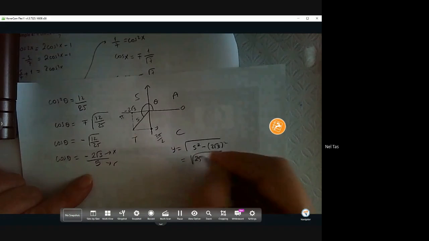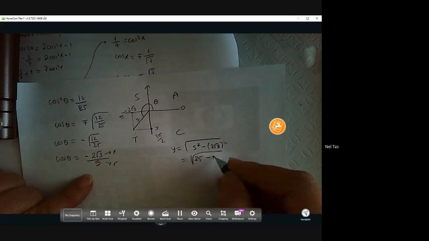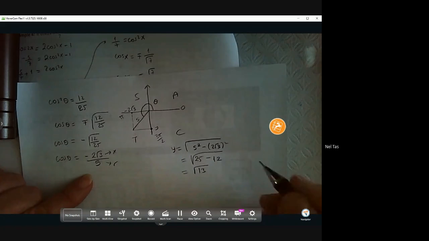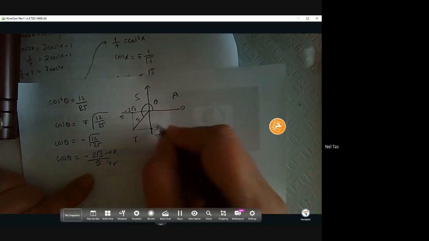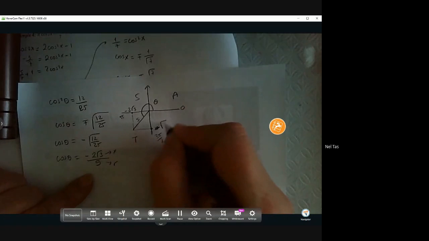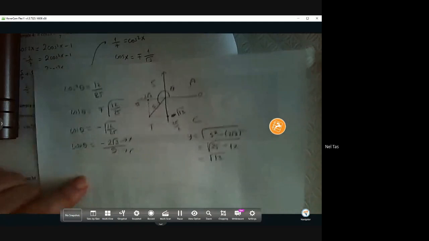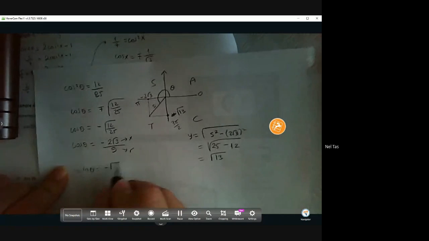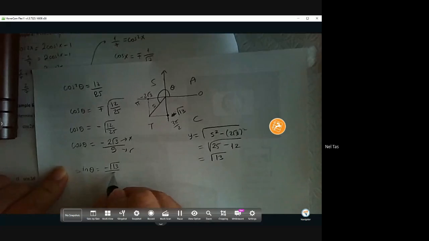This is 25. That is 12. So root 13. But because we are on the negative y-axis, that is going to be negative root 13. Then sine theta is negative root 13 over 5.